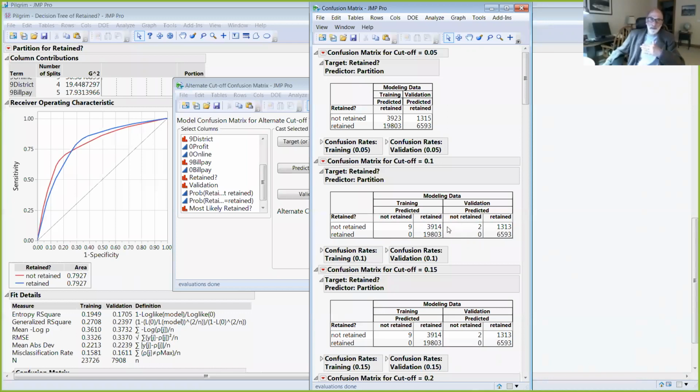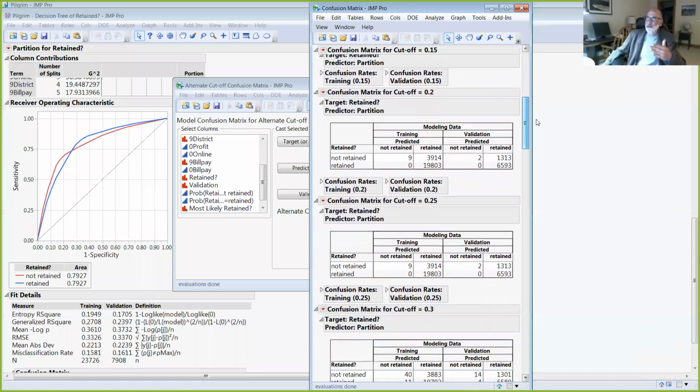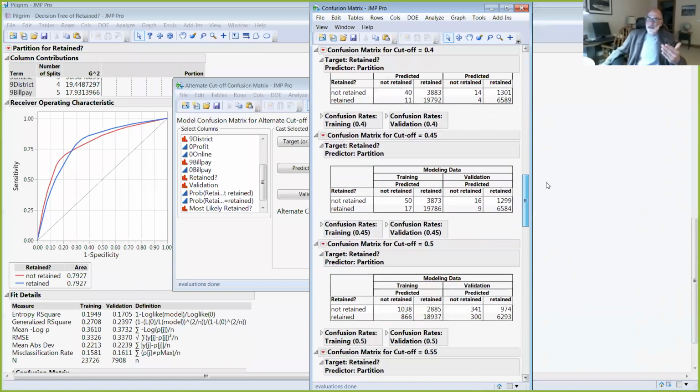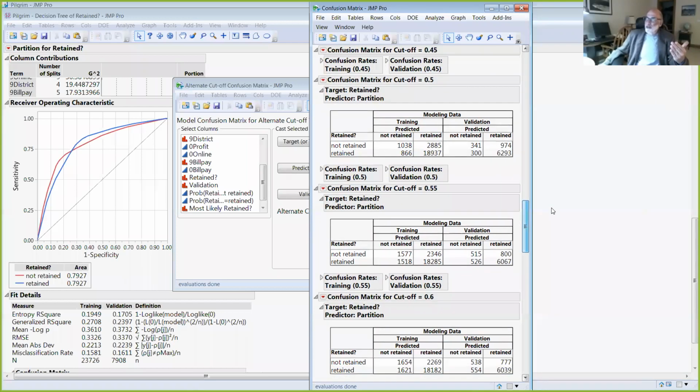We already know from investigating the probabilities that we want to be above 50%. 50% will put too many errors of people that we lost as customers, but we thought we were going to retain. So let's go to the 0.5. This is already the same numbers that we have seen from our basic model, but oh, and you can do the confusion rates.